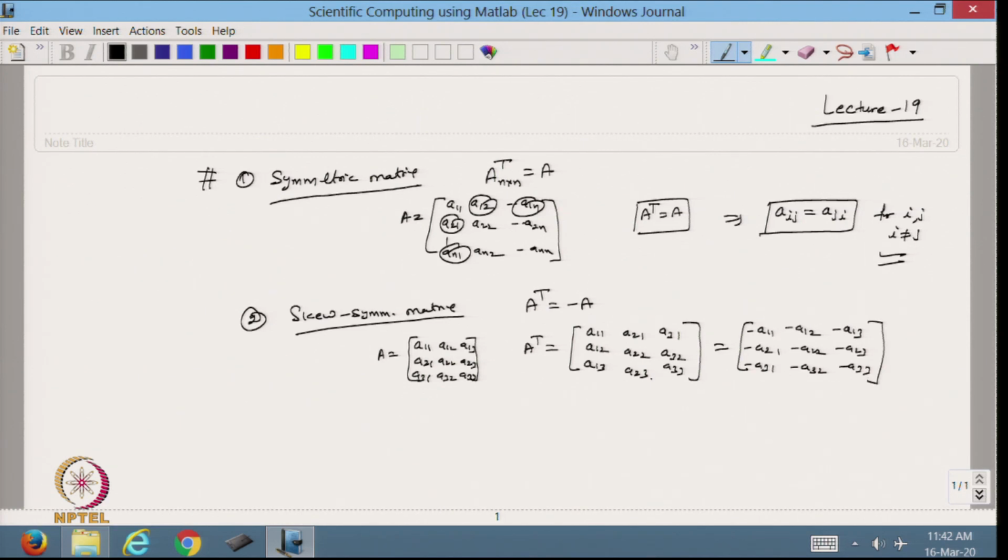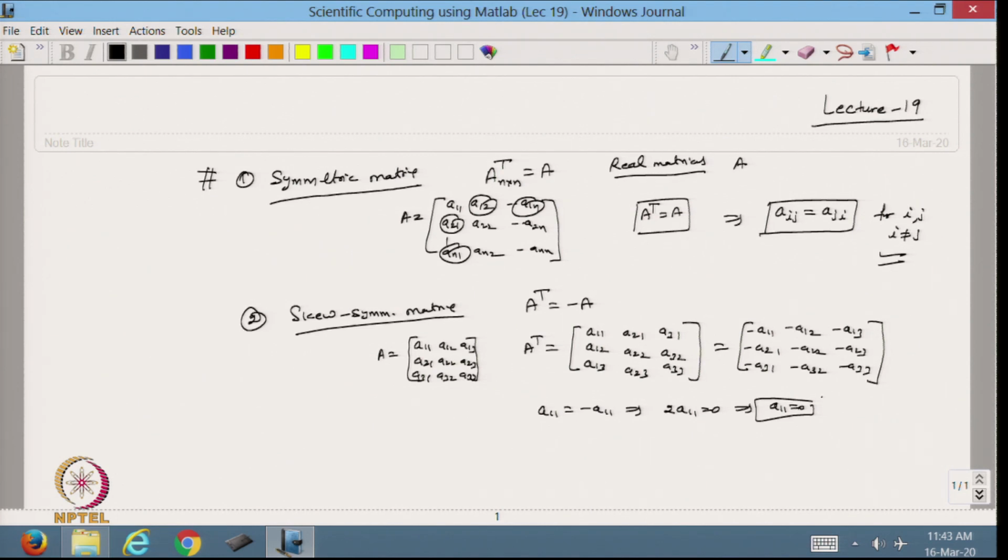If this is equal to this, then I can see that A11 should be equal to minus of A11. So 2 times A11 will be 0, which gives me that A11 equals 0. Here we are talking about real matrices, which means all the elements of the matrix A are real.